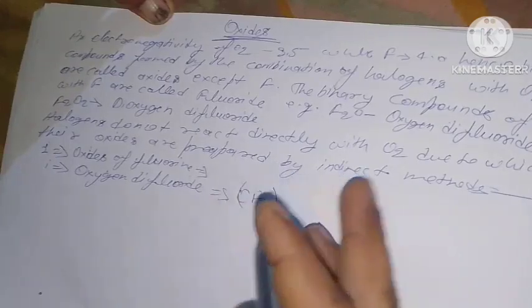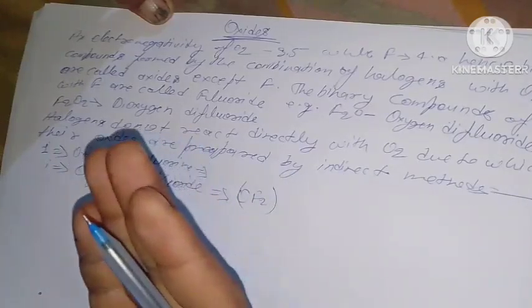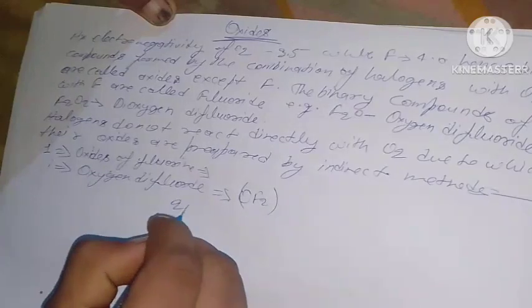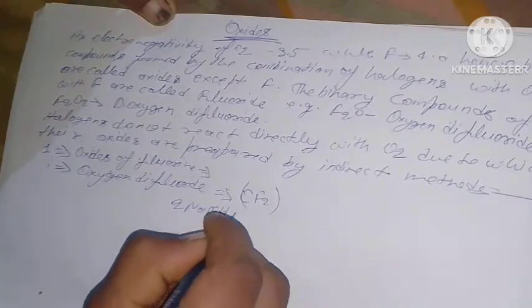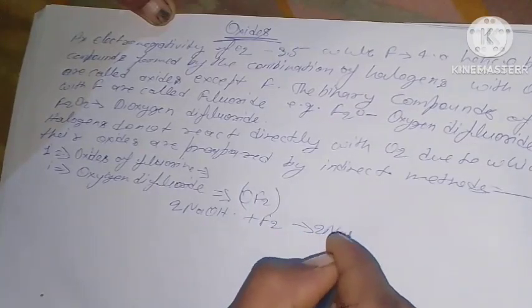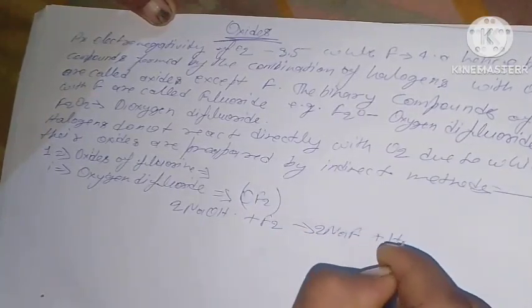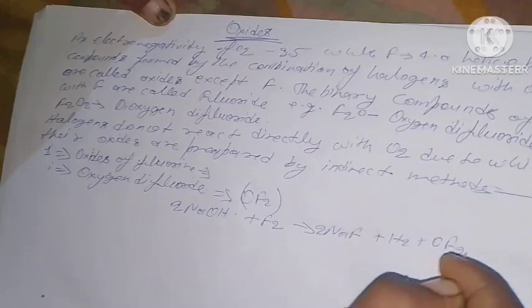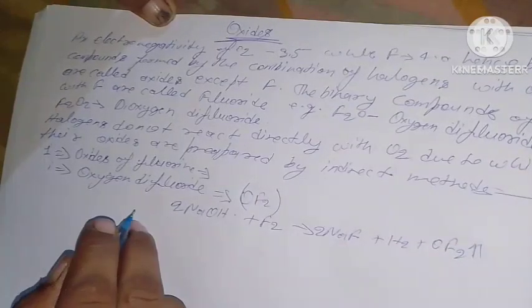Oxygen difluoride is prepared by passing a fine stream of fluorine through sodium hydroxide solution: 2NaOH plus 2F2 gives 2NaF plus H2O plus OF2 gas, okay.